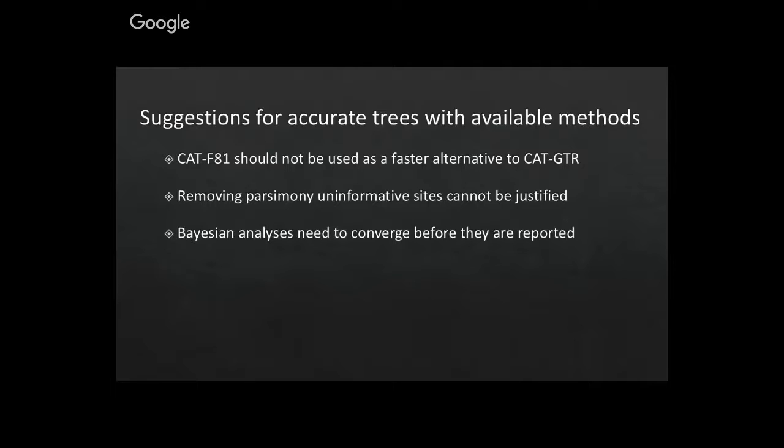I think this is problematic because those trees aren't statistically valid, and it's essentially stopping an analysis before it's finished. So hopefully we can all agree on that, and maybe more broadly, we should dig deeper into the convergence statistics with these site-heterogeneous models, because we need to make sure that our analyses are at least done in a robust fashion for whatever method we choose.